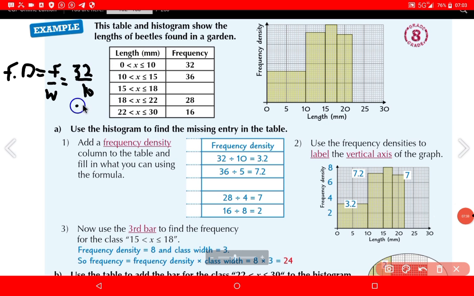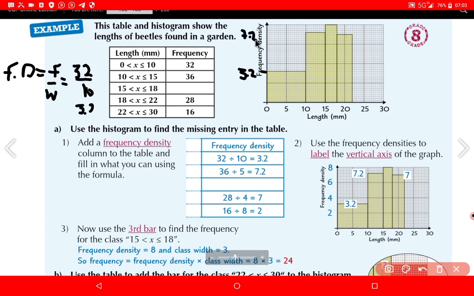Now we can go on to find this one. 10 to 15 is 5. That's 36 divided by 5, you get 7.2. So you find that the length from here is actually 3.2. For the next one here, it is 7.2.